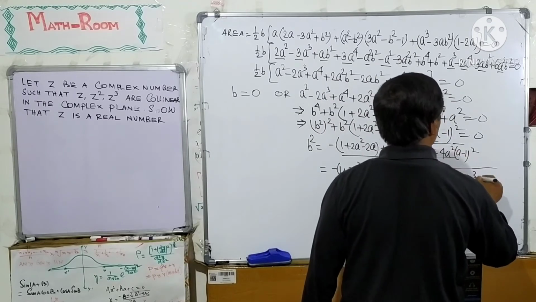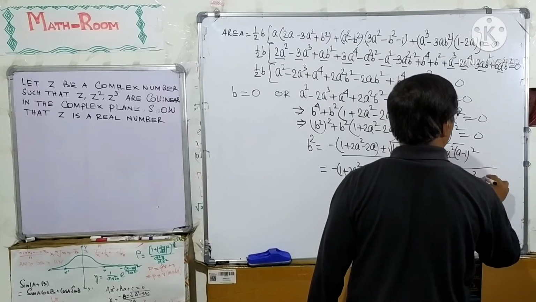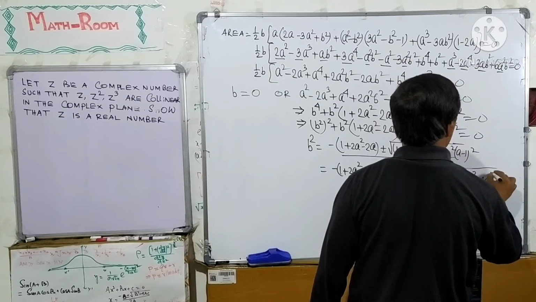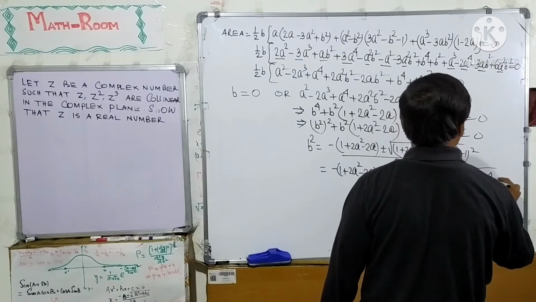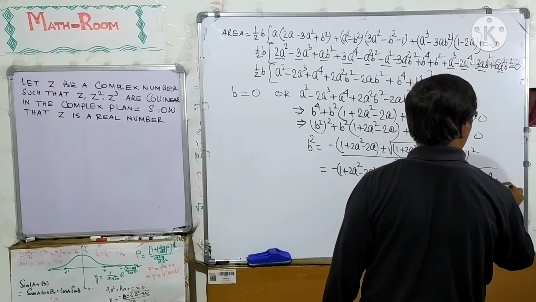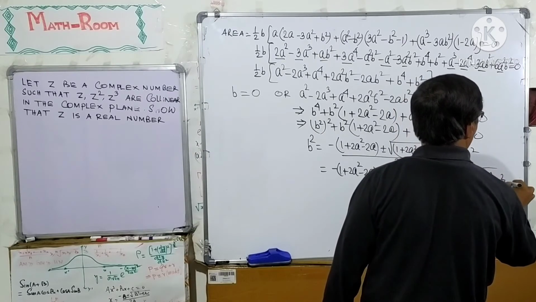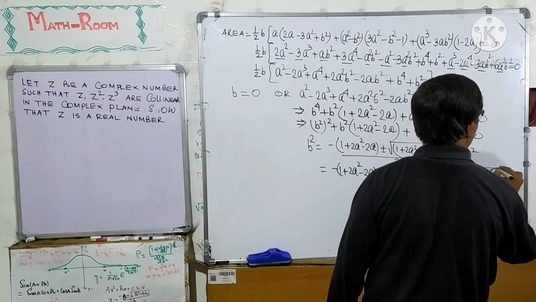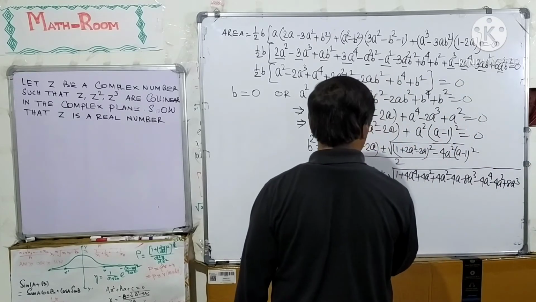From this term we get minus 4a to the 4 plus minus 4a square plus 8a cube over 2.